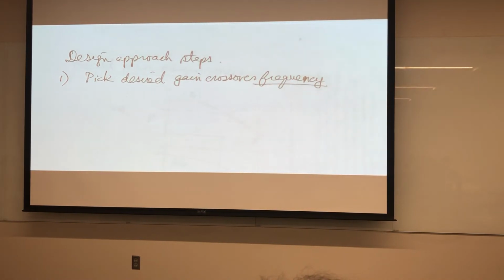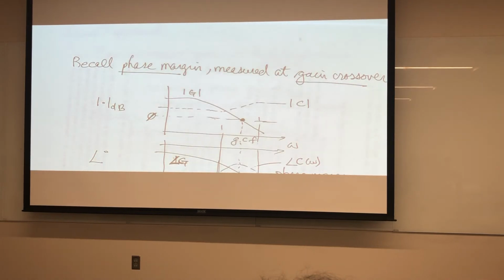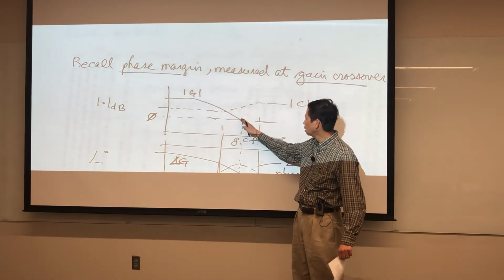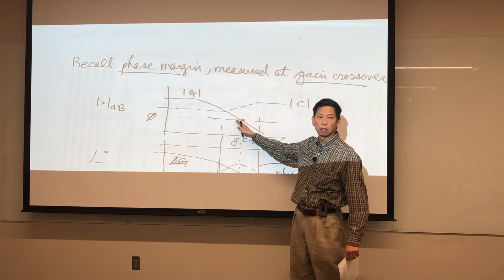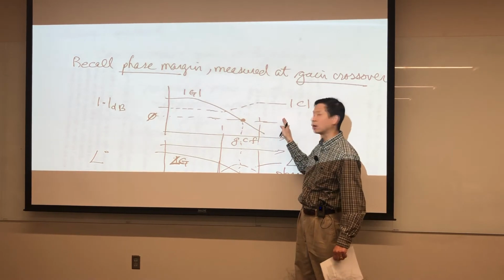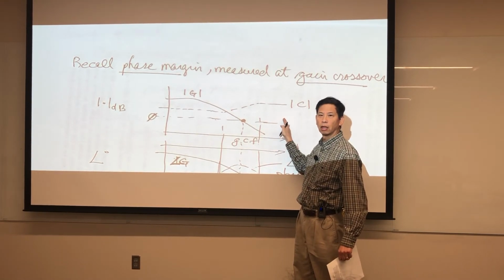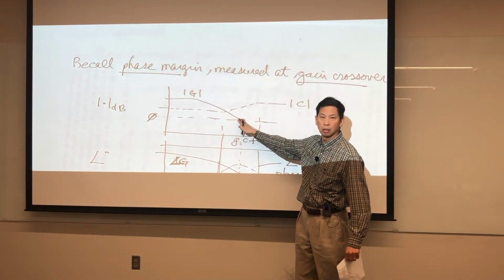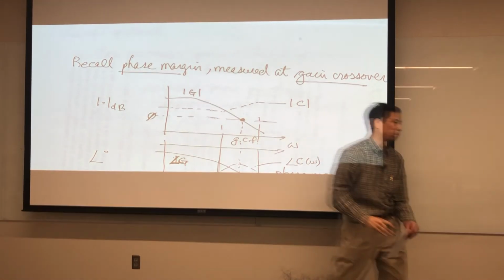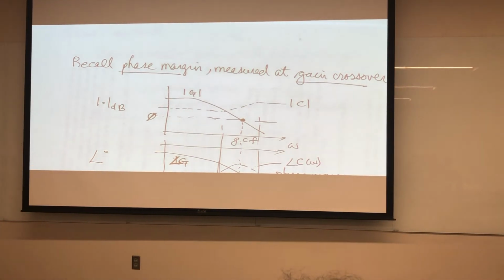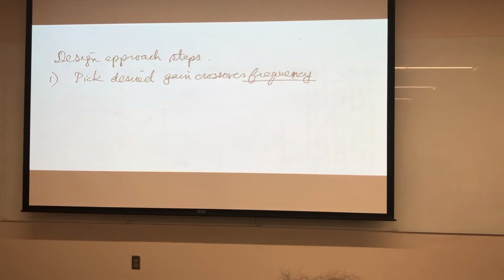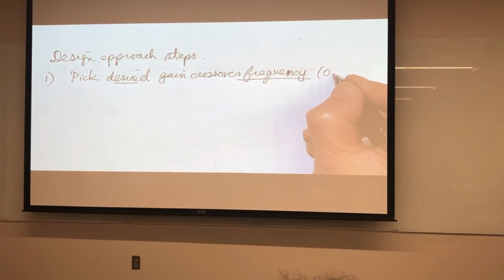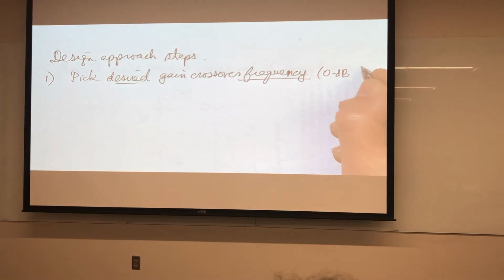We pick the frequency that's the desired gain crossover. Maybe we look at our system here and we say, okay, the gain crossover is here. That's the 0 dB bandwidth. But maybe I want it somewhere else. Maybe I want it out here. Okay, I can increase the bandwidth of the system. I can make it respond faster if I let this 0 dB crossover be further over. So the first thing we do is we pick a desired gain crossover frequency. A desired gain crossover frequency is the desired 0 dB bandwidth.